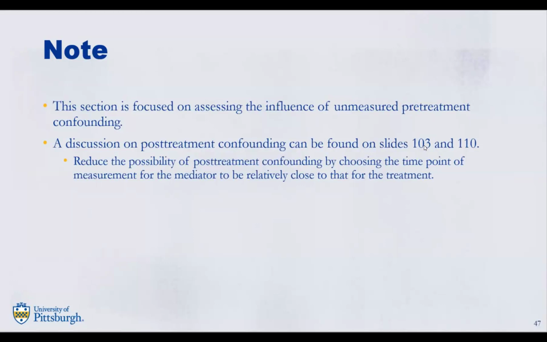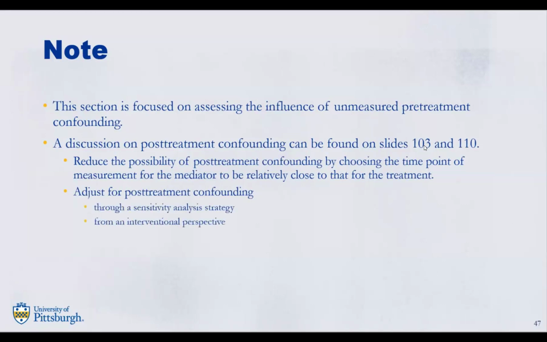So this can be done at the data collection stage. And another solution is to adjust for post-treatment confounding through a sensitivity analysis strategy or from an interventional perspective. More details can be found on those slides.